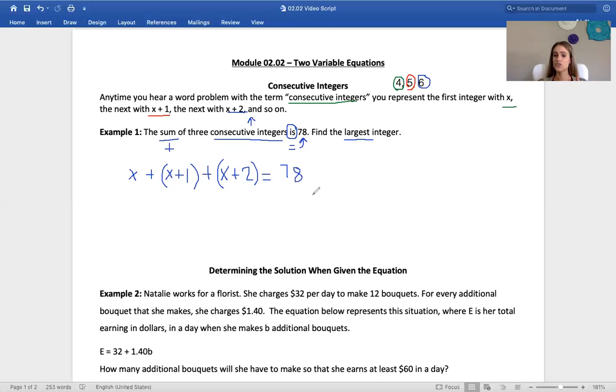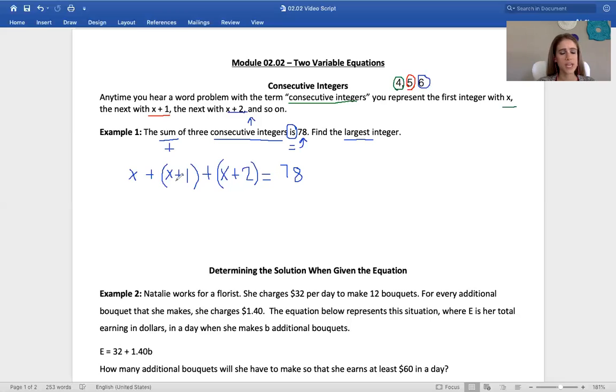Now we have just created an equation that we can solve to easily find our integers without guessing and checking. Now, I have parentheses here, and I used the parentheses so that we can recognize that x is our first integer, x plus 1 is the second, x plus 2 is the third. But if I look at my parentheses, is there anything that they're being used for, anything that I need to do?